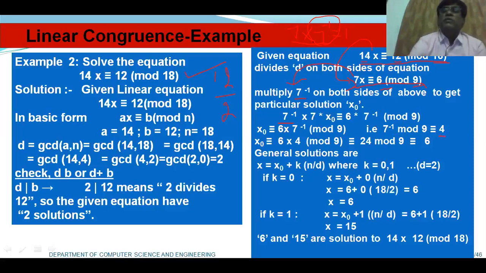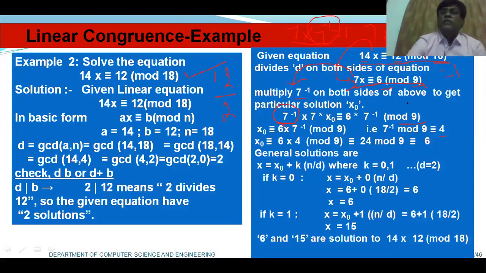The multiplicative inverse of 7 is 4, because 7 into 4 is equal to 28. If you modulo divide 28 by 9, the remainder is 1. So 7 into 7 inverse is equal to 1. That's why the 7 inverse value is 4.